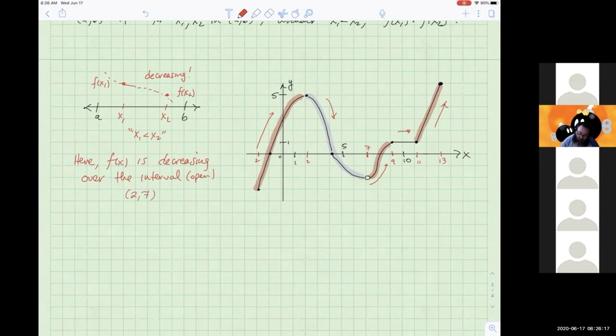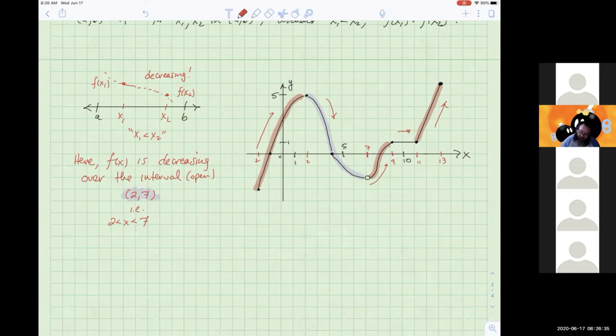Or, if you like, 2 is less than x is less than 7 in inequality notation. But we're really looking for interval notation. That's how we want to express this.